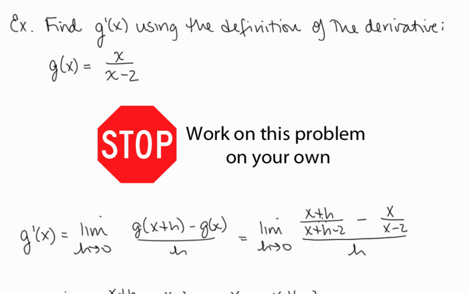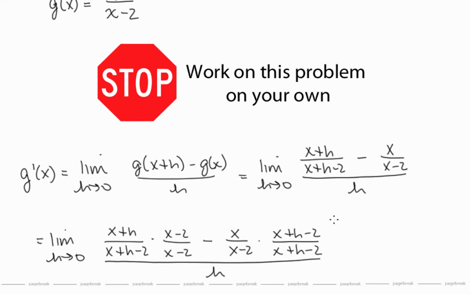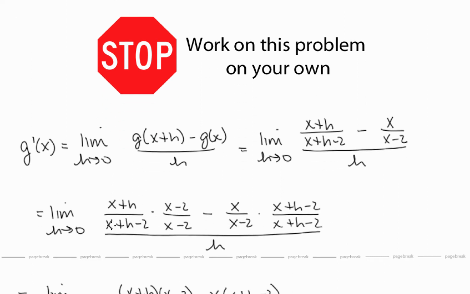So let's combine our numerator into one fraction. So that means we need to multiply (x plus h) over (x plus h minus 2) by (x minus 2) over (x minus 2). And the x over (x minus 2) gets multiplied by (x plus h minus 2) over (x plus h minus 2), so we can have a common denominator in this numerator.